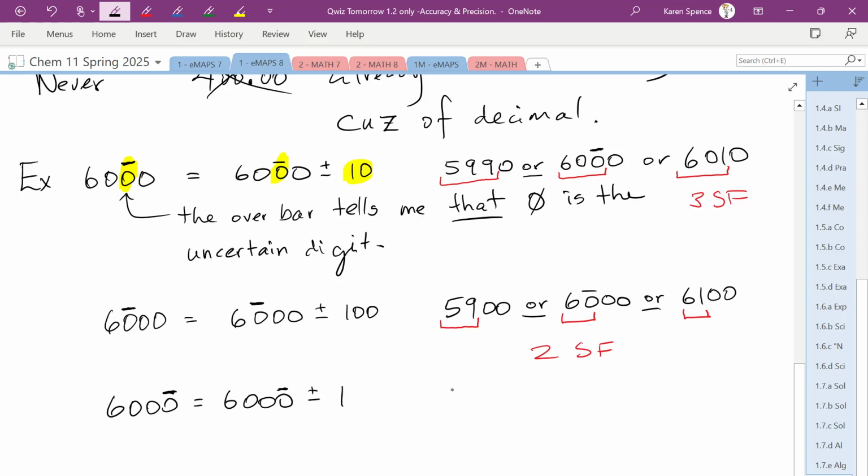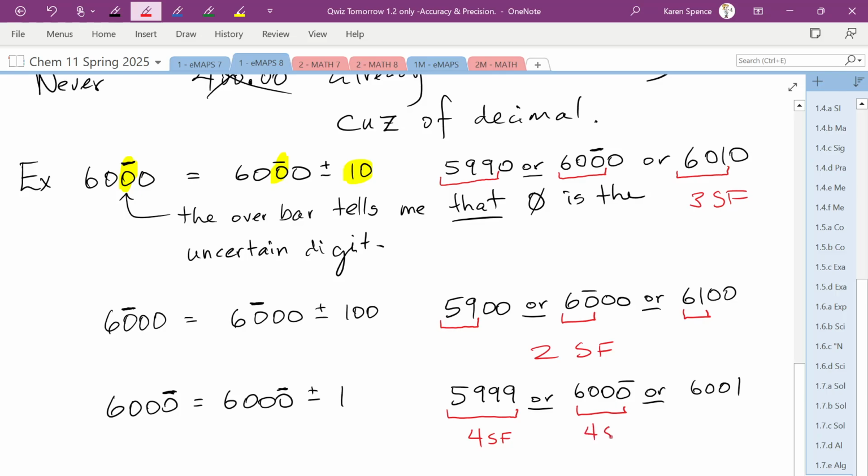So it could be 5,999 if we go down 1, or it could be 6,000, or it could be 6,001. We have 4 sig figs in each case.